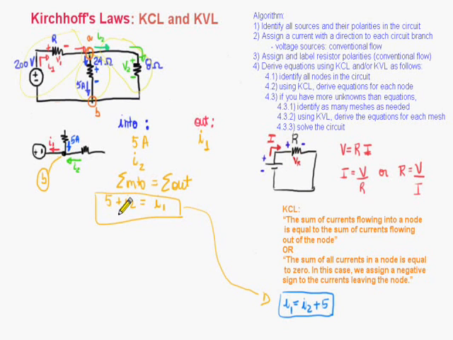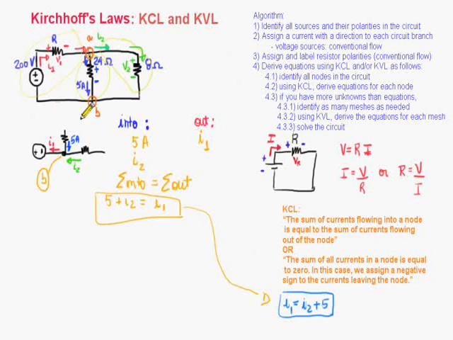Since the objective of deriving those equations is to have different equations which I can manipulate to find the unknowns in the circuit, once I see that 2 or more nodes, in this case node A and B here, have the same currents flowing into and out of the node, I only pick one of those nodes to derive the equation I need.